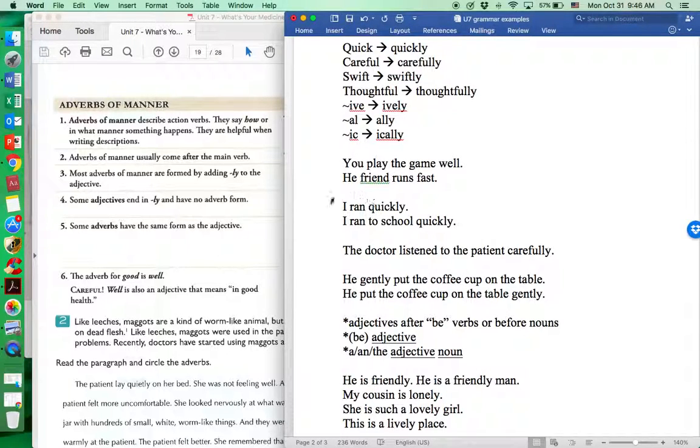Let's look at some examples. You play the game well. See, here we have this adverb form of good. Play the game, right? It's not coming directly after the verb, and that is because we have a direct object here. You play the game well. We can put the adverb at the end of the sentence or after the object, right?